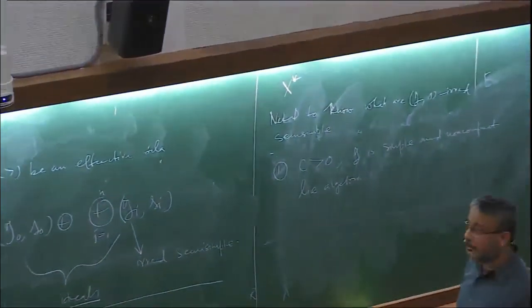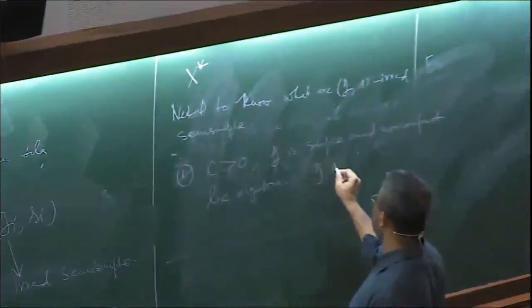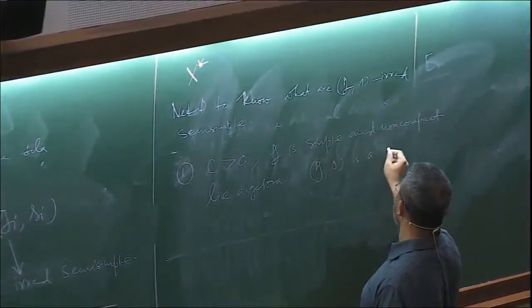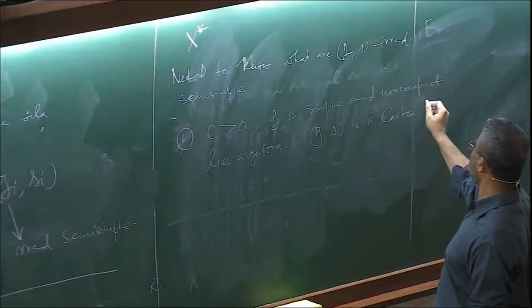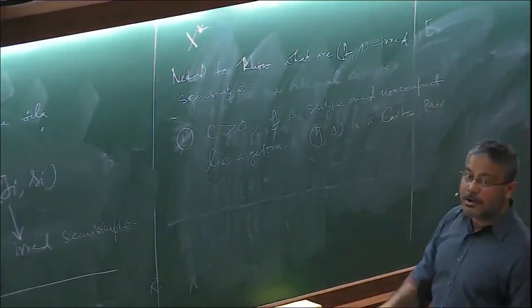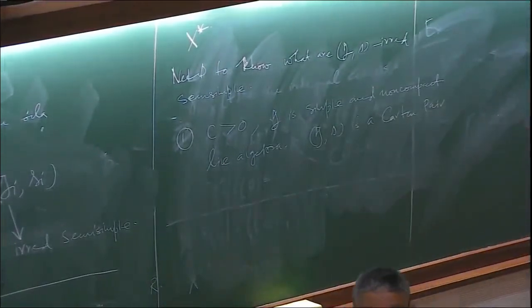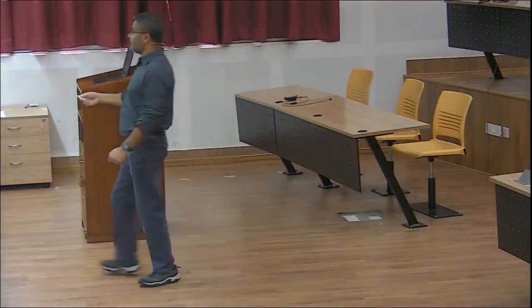Not just that, (G, S) is a Cartan pair. That means I know what is a Cartan decomposition in a Lie algebra. (G, S) is giving me precisely a Cartan decomposition when C is greater than 0.